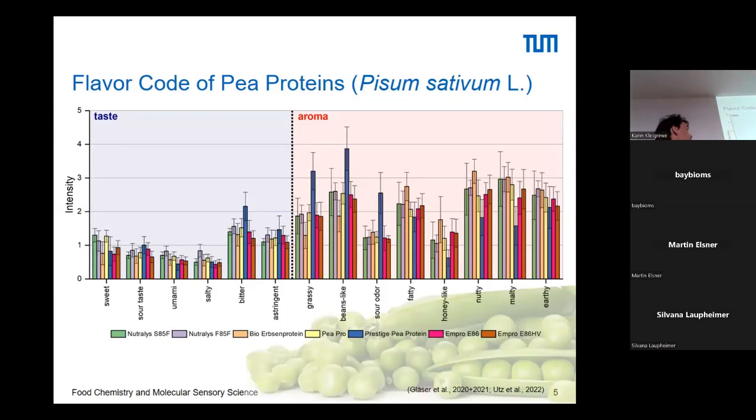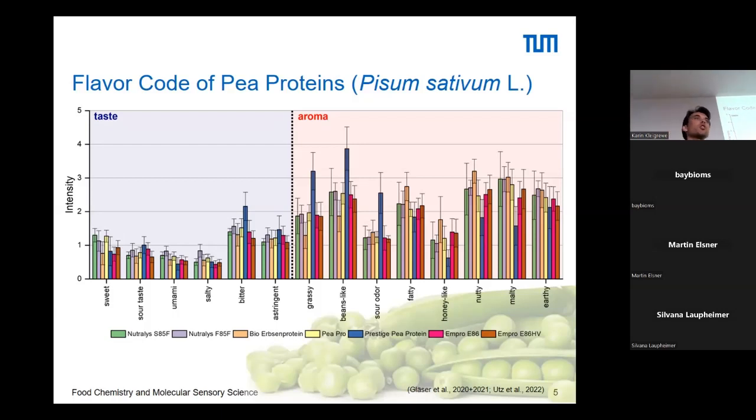All of them show very similar attributes, but nevertheless there are some distinct differences. Especially regarding taste, P proteins are characterized by a slight bitter, astringent off-taste, and regarding aroma, there are a lot of grassy, beany, honey-like, nutty, malty, and earthy aroma notes.